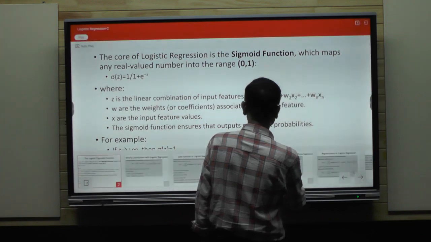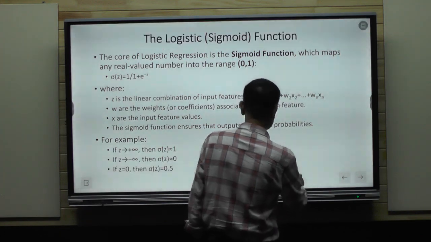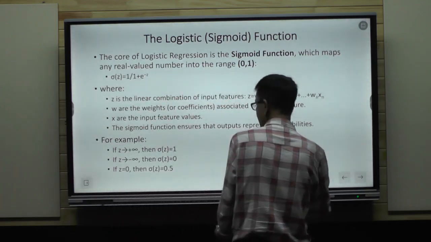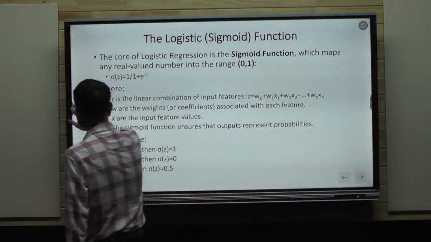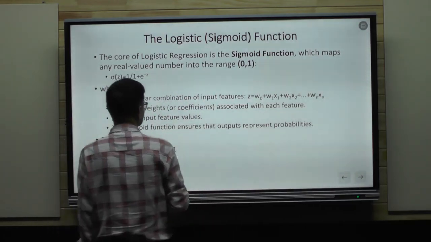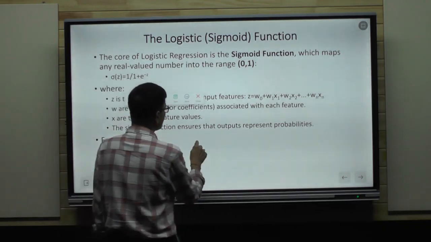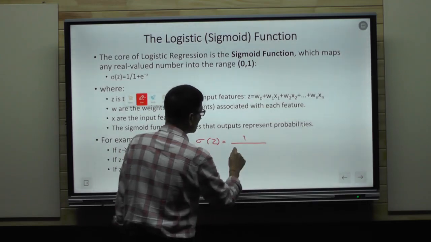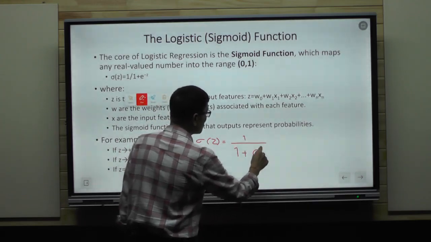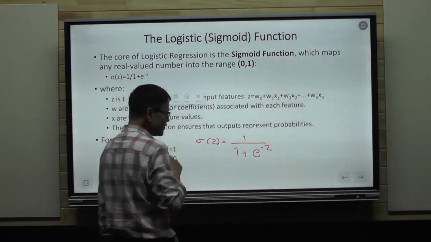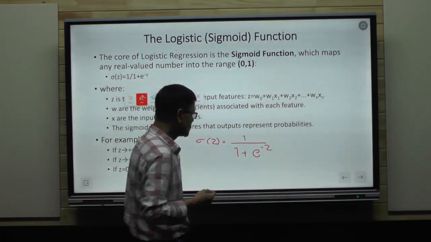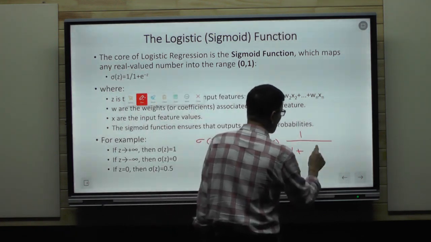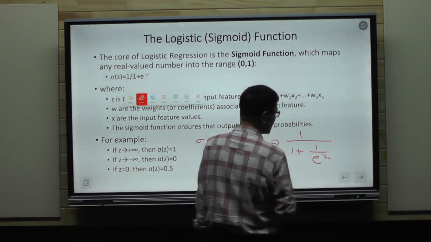Let me use the pen for you. The function is rho of z equals 1 upon 1 plus e to the power minus z. If the value of z increases, this function can be rewritten as 1 upon 1 plus 1 upon e to the power z.